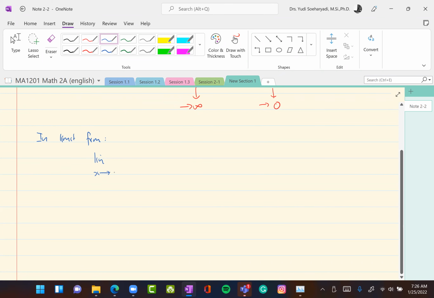Or equivalently, you can say that x squared is much larger than x to the fifth. Okay, so that's the idea.